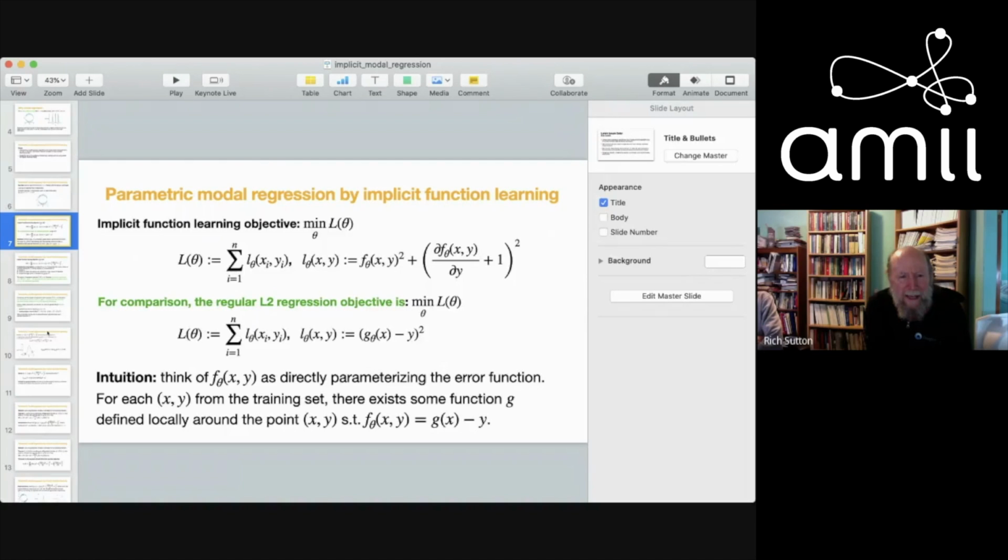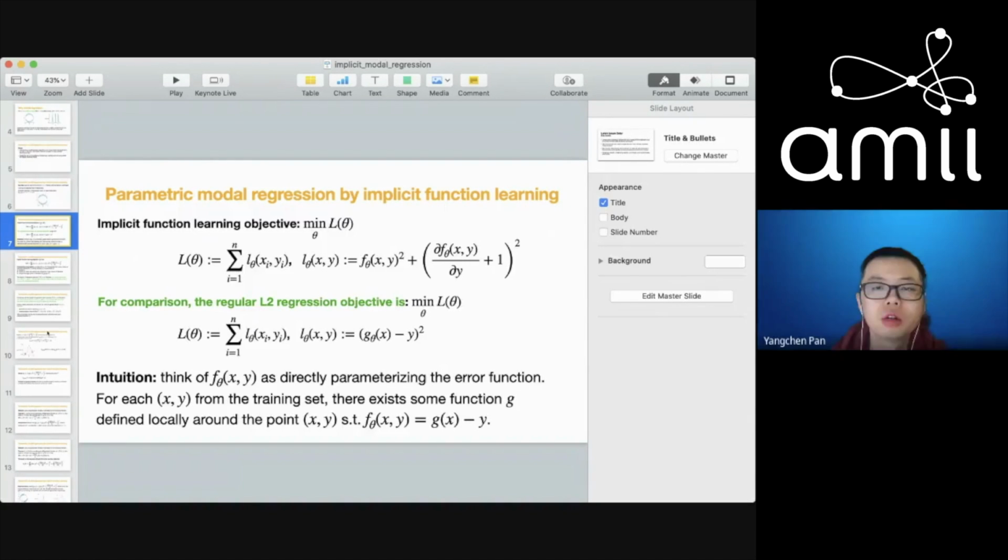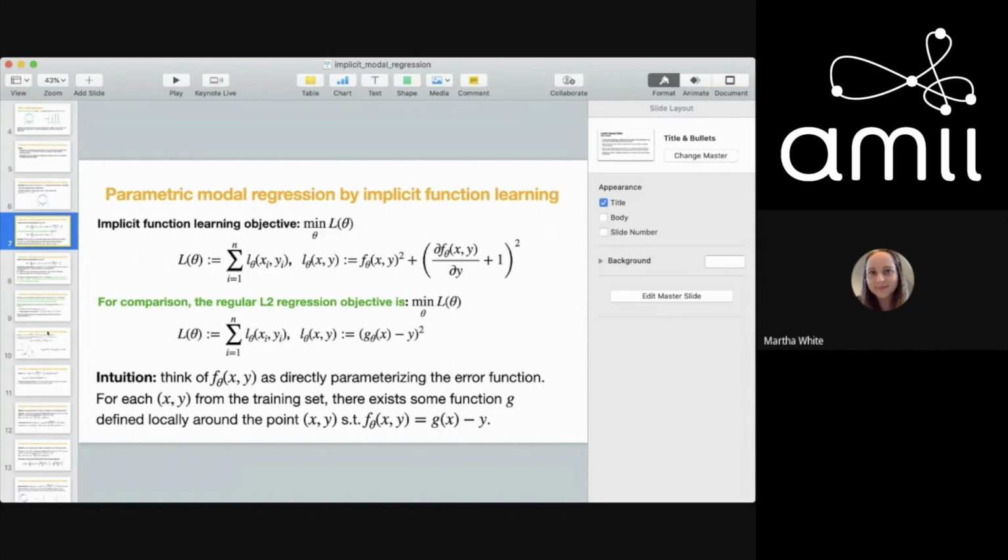I think I am. Maybe this is a more general question about how do you evaluate any kind of modal regression algorithm? If I'm looking at a set that I output, how do I know if I did a good job or not? Not how do you optimize for this?